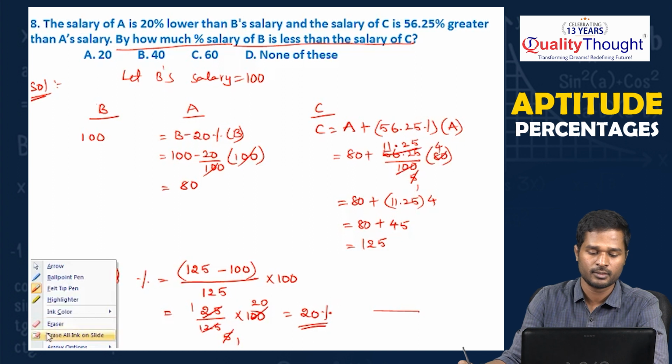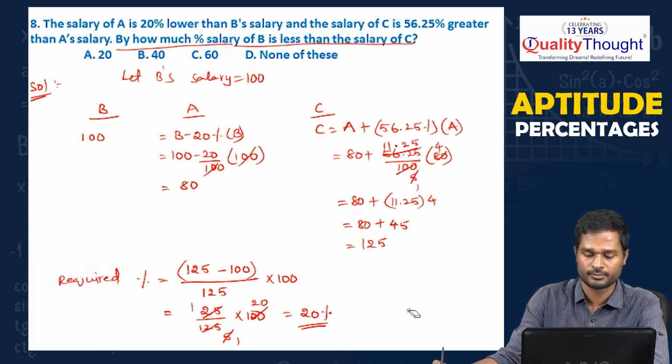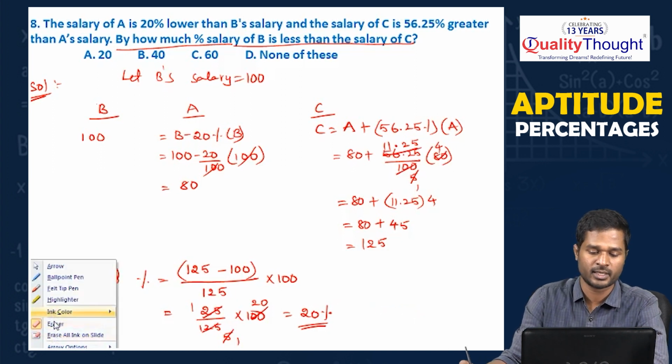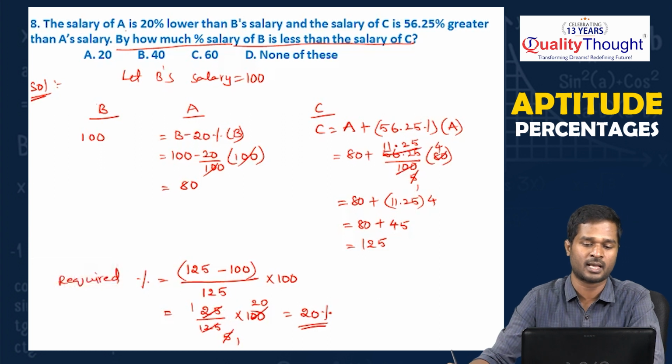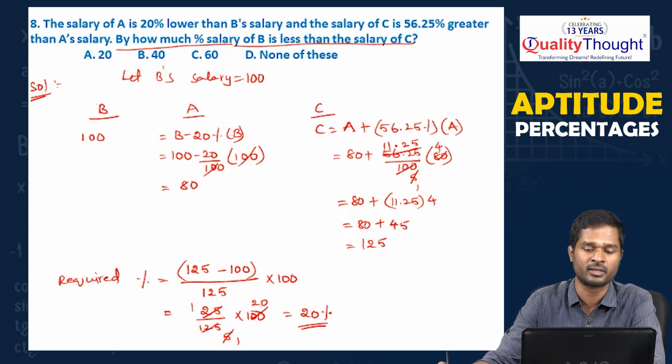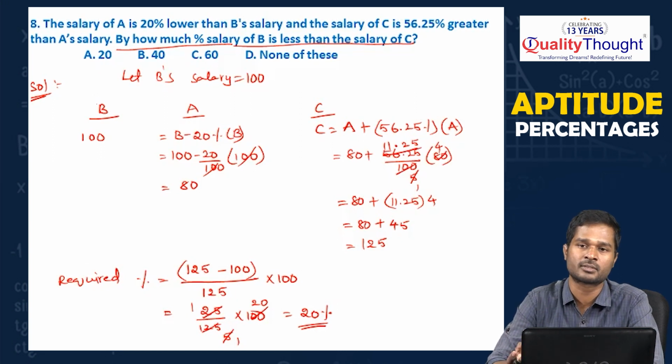Okay. Clearly, the question is easy. He clearly said in the question that A salary is 20% less than B salary. So consider B salary as 100, then A salary will become 20% less, means 80. Now, what he said, C salary is 56.25% greater than A salary. So C equals A plus 56.25% of A, which will become 125.